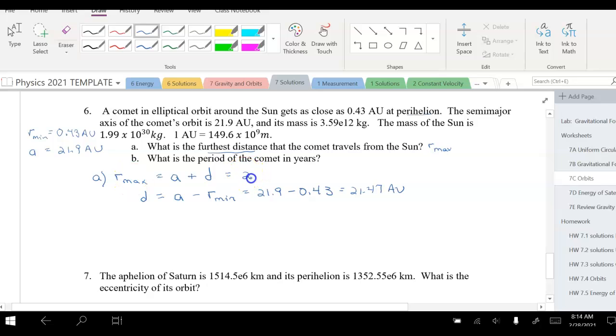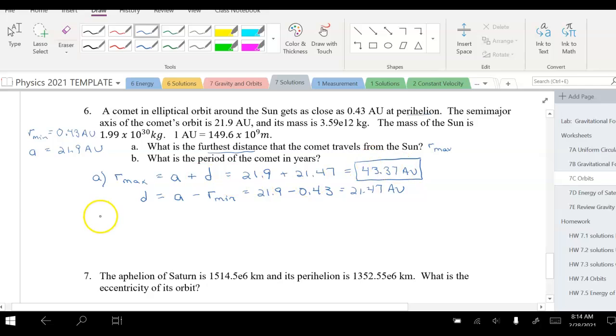So semi-major axis is 21.9. d is very large itself, so that is 21.47. And so if I add those together, I get 43.37 AU is the maximum distance that this comet gets from the sun.